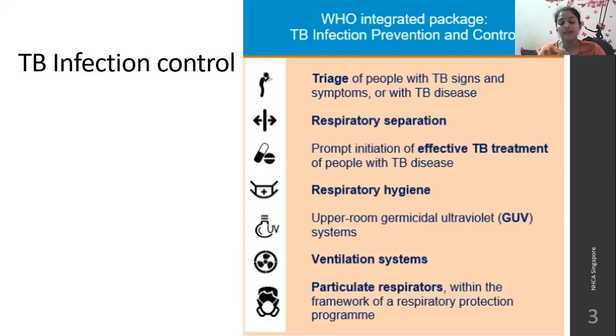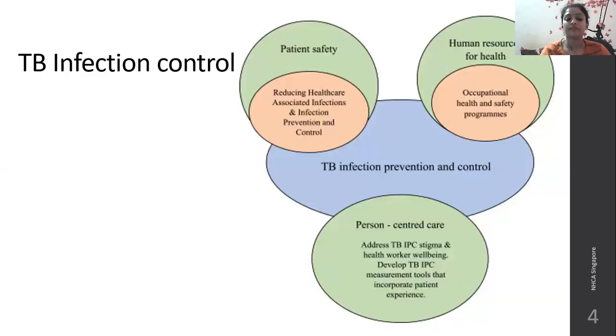Ventilation systems, again with ultraviolet radiation; HEPA filter ventilation systems are there, etc. Particulate respirators, for example the N95 mask, are used within the framework of a respiratory protection program. The N95 mask is recommended for respiratory protection for TB patients.